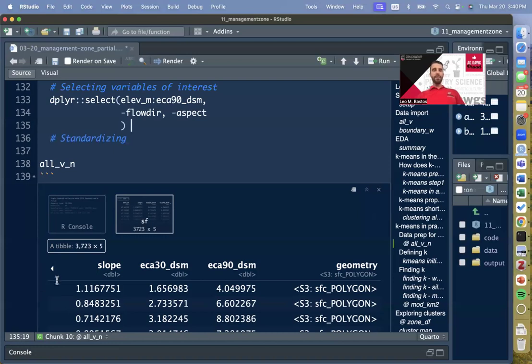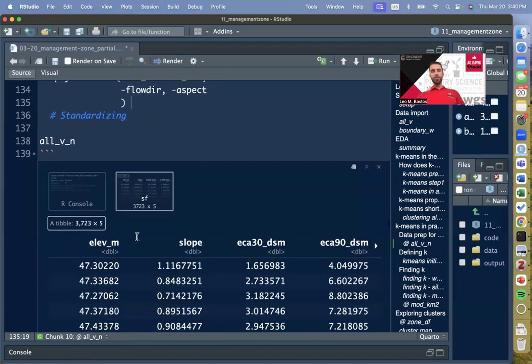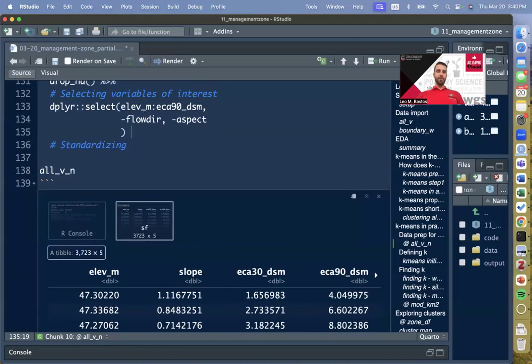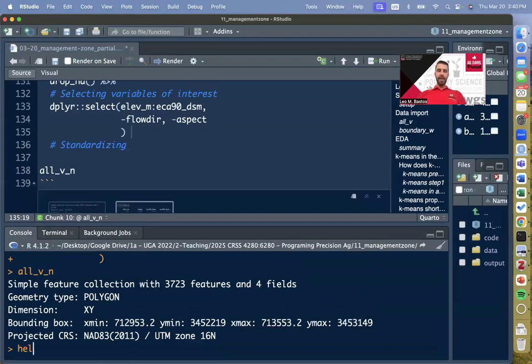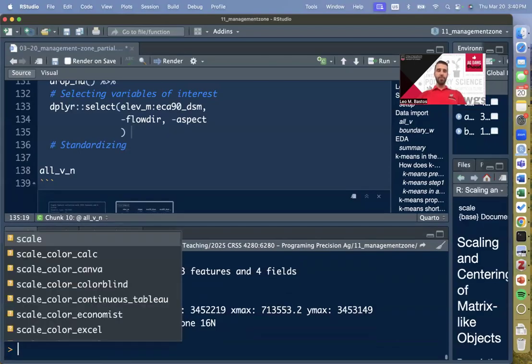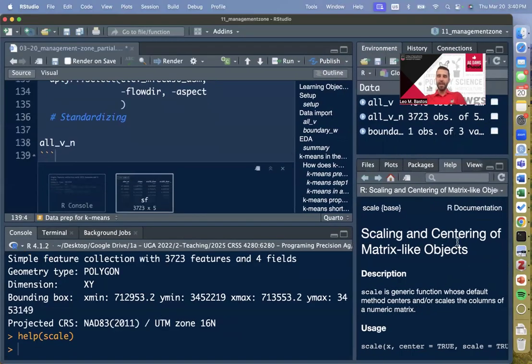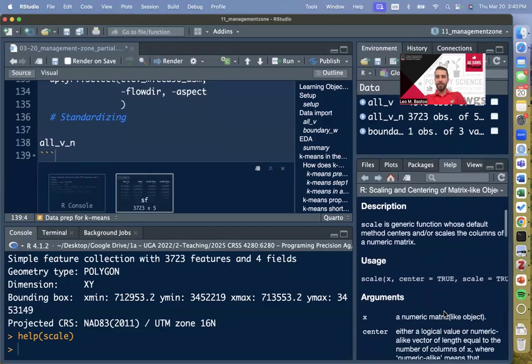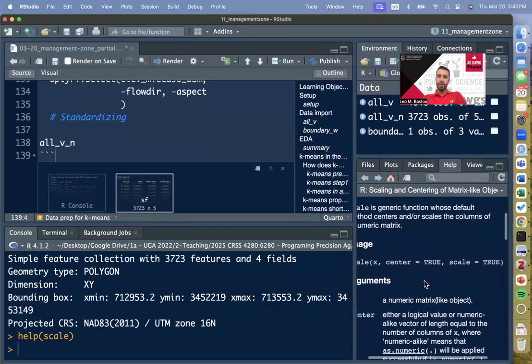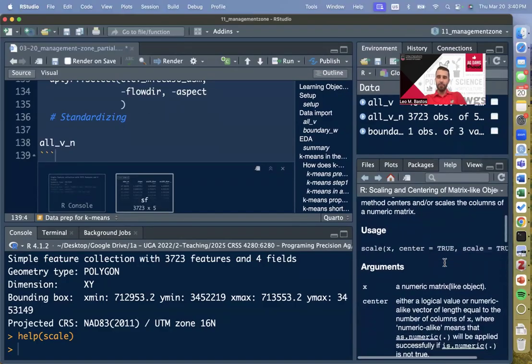We're going to basically standardize each one of these columns using a function called scale. So before we do it, I want to just get help of scale, just so you see what that does. The function scale is going to scale and center objects. The default here is center equals true, scale equals true.